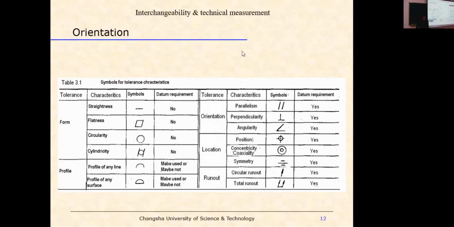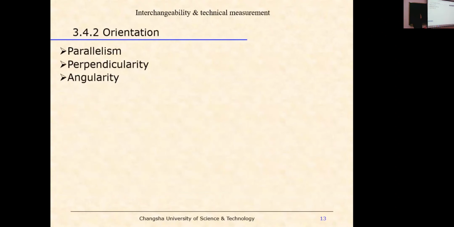So like this one, we need the datum feature, right? Like the parallelism, perpendicularity and angularity.